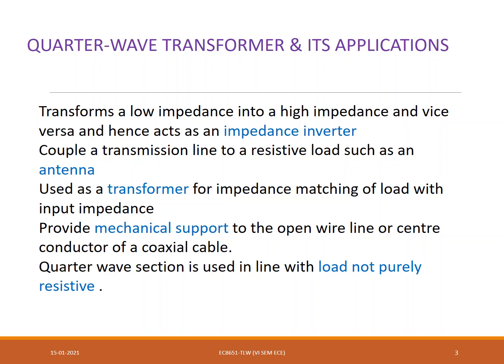It provides mechanical support to the open wire line or center conductor of a coaxial cable. Quarter wave section is used in line with load which is not purely resistive. The drawbacks include this technique needs special line of characteristic impedance for every pair of resistances to be matched.